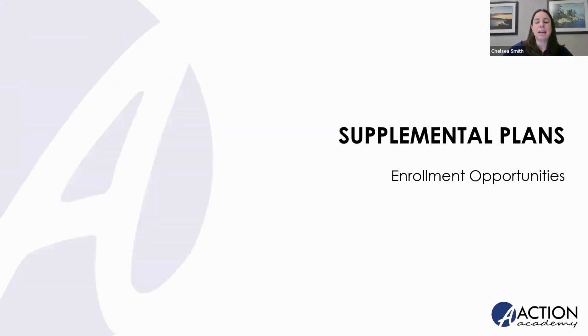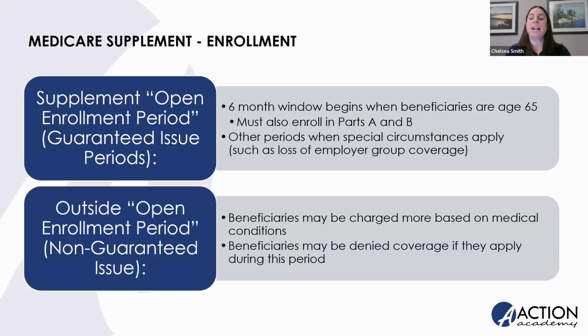All right, so now let's hop into those supplemental plans and how we can enroll in those. So when someone applies for a supplement policy, they are either applying within a guaranteed issue period or a non-guaranteed issue period. And what that means is that depending on which period the beneficiary applies will determine if the beneficiary will have to undergo medical underwriting, and the prices within their policy might change if certain medical conditions appear within that underwriting.